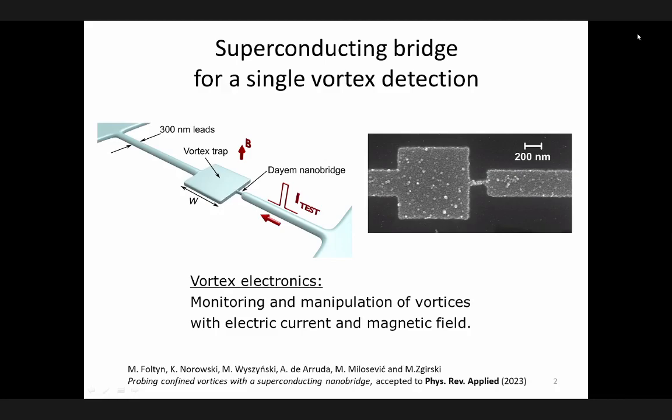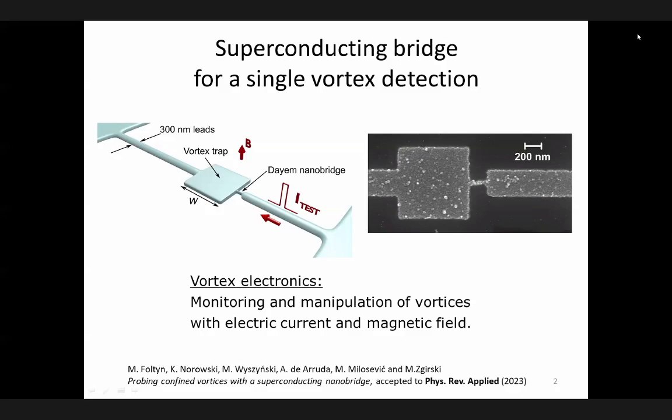This vortex can be detected by measuring the switching current of the bridge. By testing the bridge with pulses, I can investigate whether the vortex is here or not, and investigate different configurations. This field, where I manipulate vortices or control their position, is a new emerging field, or maybe it was already long ago, but the name I found in the literature is vortex electronics.